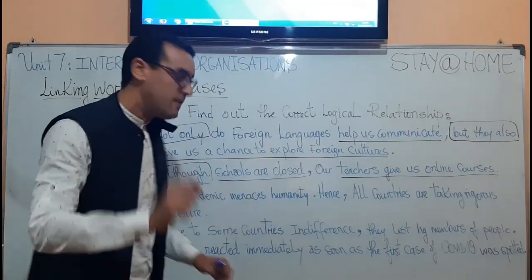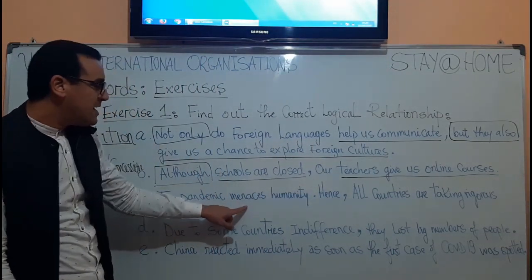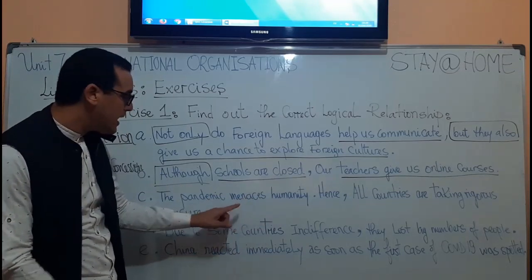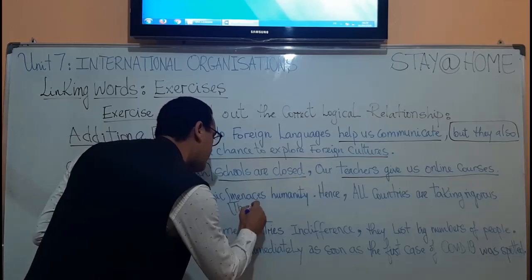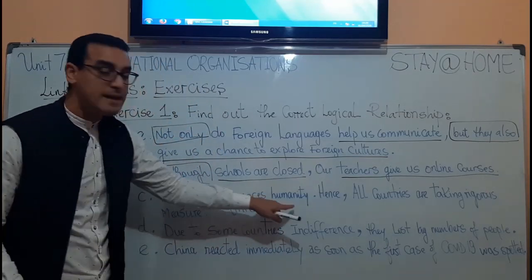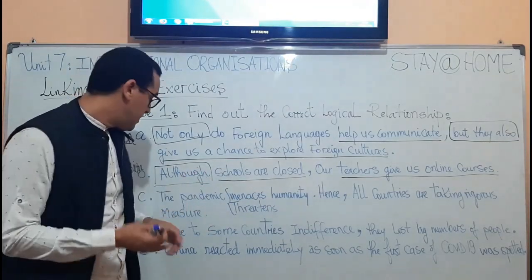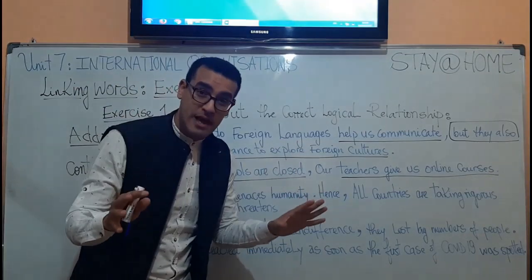Let's go to C. We have the pandemic. The pandemic menaces humanity. Menace means threatens. It threatens humanity. It means that it's going to put an end to human existence on the planet.